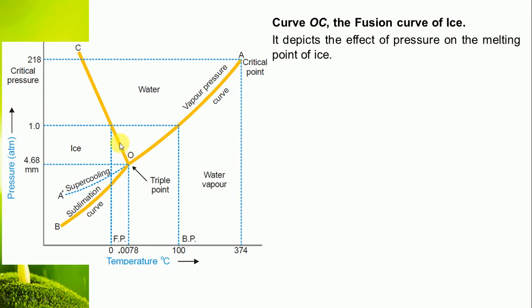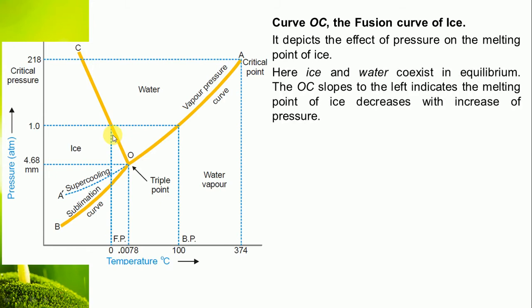So it depicts the effect of pressure on the melting point of ice. Here ice and water coexist in dynamic equilibrium. The OC slope indicates the melting point of ice decreases with increase of pressure. If you increase the pressure, the melting point also decreases.